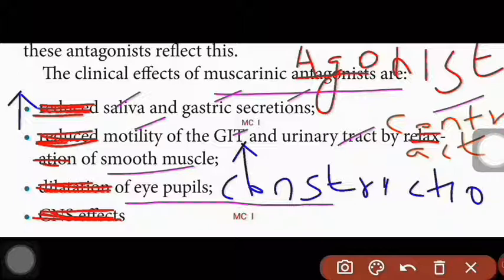So these are the agonist actions. If a drug is similar to acetylcholine, a cholinomimetic agent or muscarinic agonist, then these are the actions produced by those drugs as well as acetylcholine.